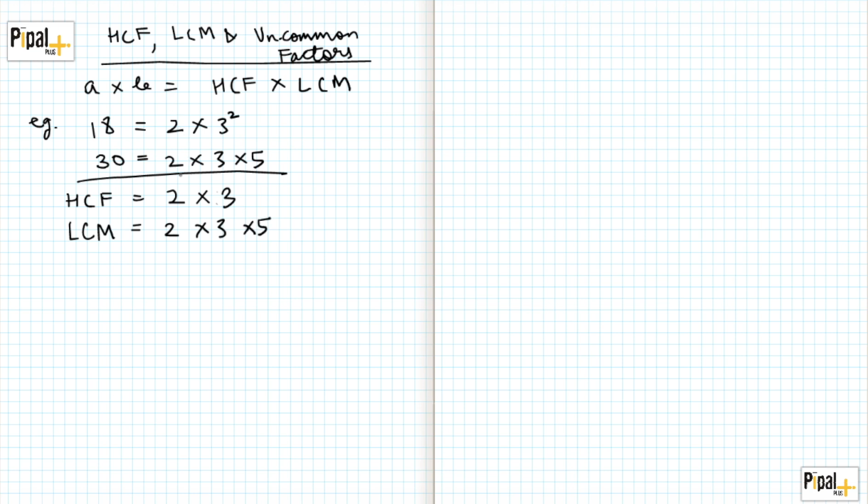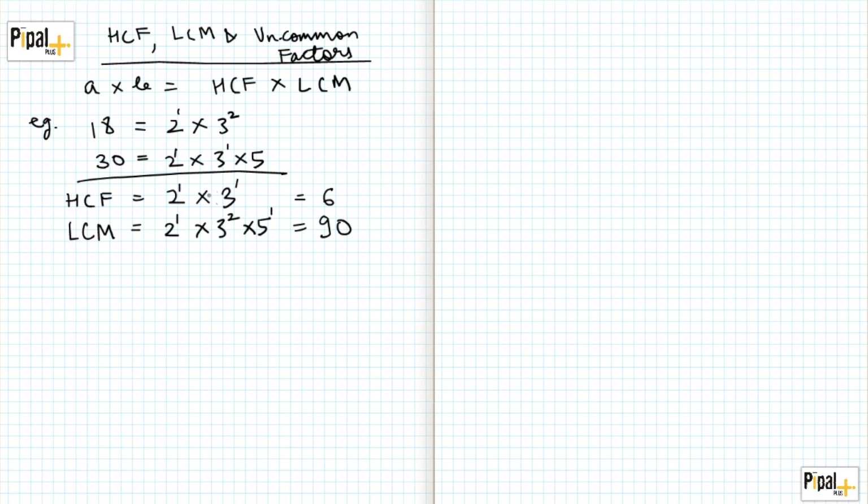So I'll give the lowest powers to the HCF. Lowest power of 2 is 1, lowest power of 3 is 1 again. Highest powers I'll give to the LCM. Highest power of 2 is 1, highest power of 3 is 2, and of 5 is 1, right? So the HCF is 6 and the LCM is 90, right?